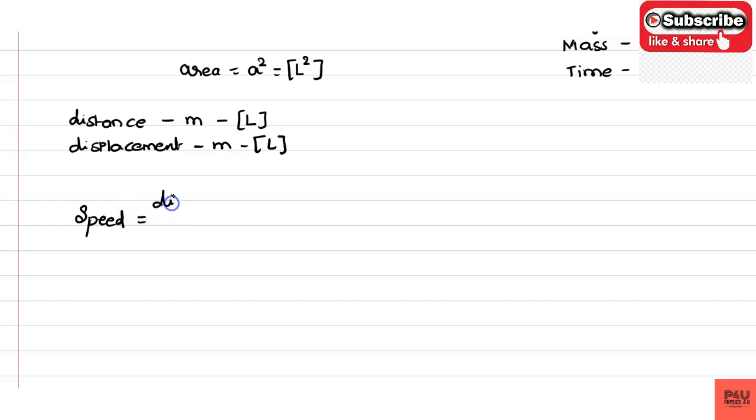Speed is equal to distance by time. The SI unit of speed is meter per second, which I can write as meter second raised to the power -1.